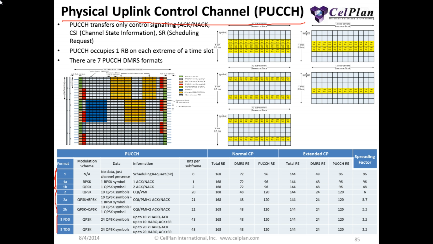So there is a very large spreading factor. Format 1 has a spreading factor of 96, 1A 96 also, while 1B has a spreading factor of 48. Now when we go to format 2, you can see that the spreading factors are much smaller, and format 3 even smaller, again because there is much more information being sent.